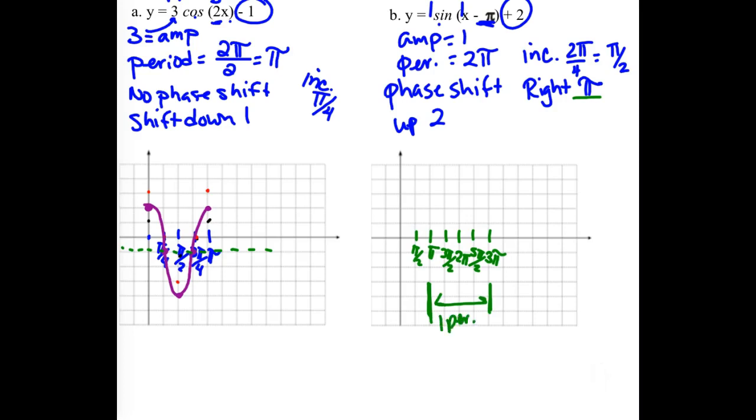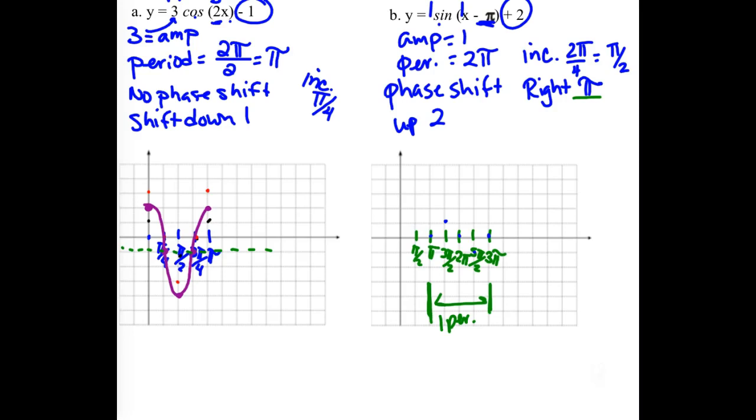Okay? Our amplitude is 1, so we don't have a stretch. We're going to shift it right 1 pi, and we're also going to shift up 2. It is a sine curve. Sines start at 0, so our normal graph would go from 0 up to 1, back to 0, down to -1, and back to 0. But we are going to shift that up 2.